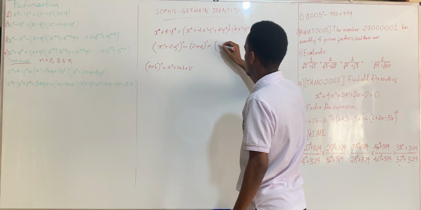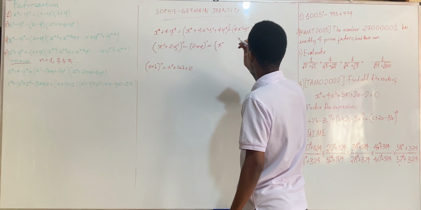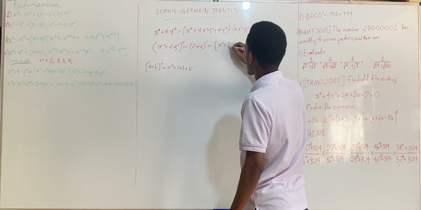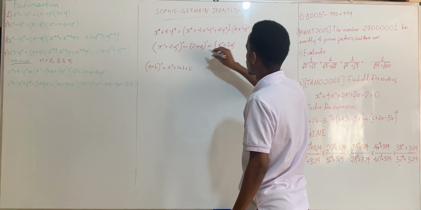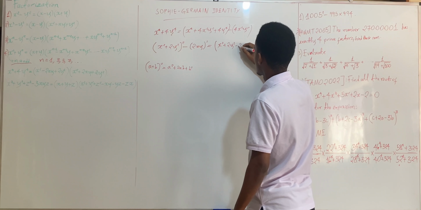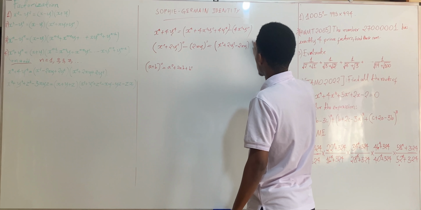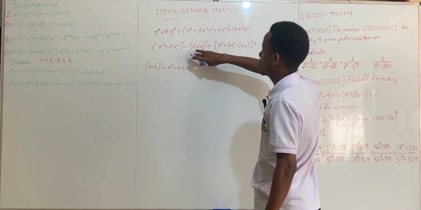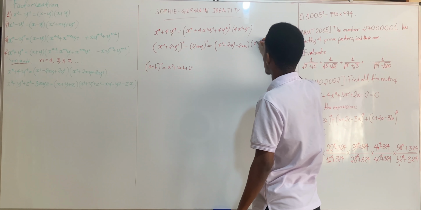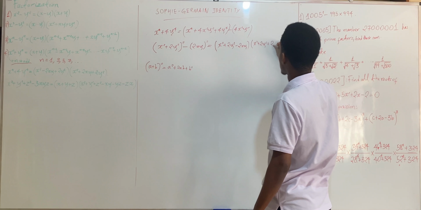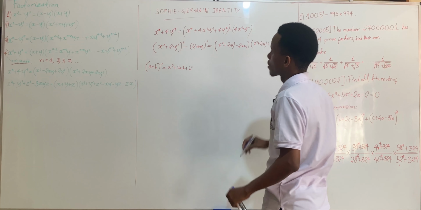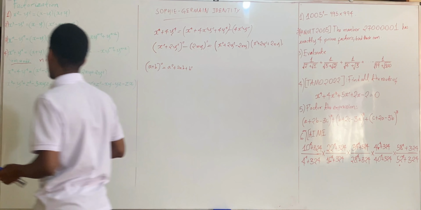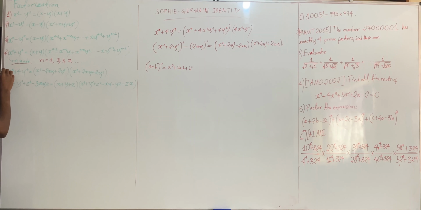So it will be x squared plus 2y squared minus this term, which is 2xy, then x squared plus 2y squared plus 2xy. So this is precisely what we wanted to show on the fifth algebraic identity.